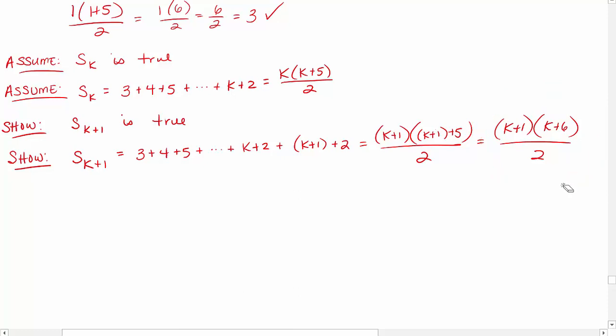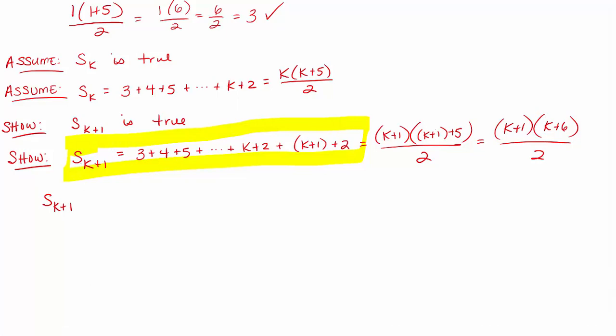I'm going to start with S sub k plus 1, and I'm just going to rewrite this first bit right here, because that's what S sub k is. 3 plus 4 plus 5 plus k plus 2.